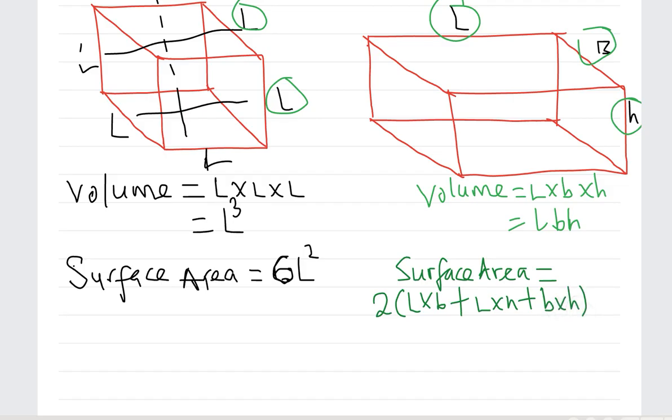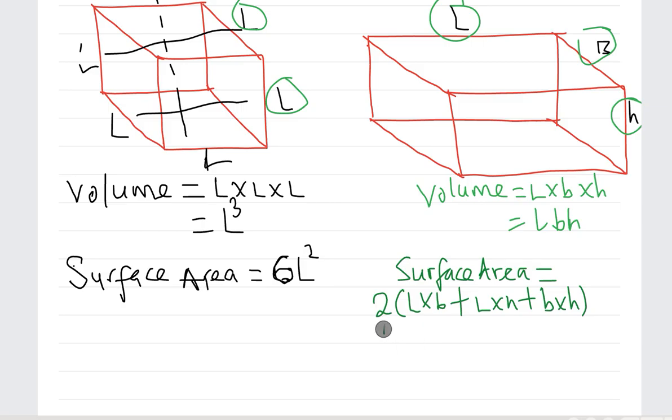That's why we say that the surface area of a cuboid is equal to 2 into bracket LB plus LH plus BH. Sorry, let me clean that part so that it will be clear.